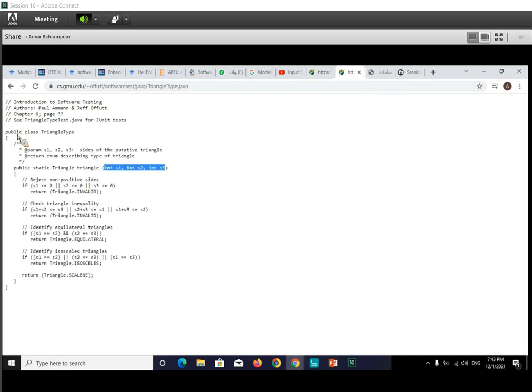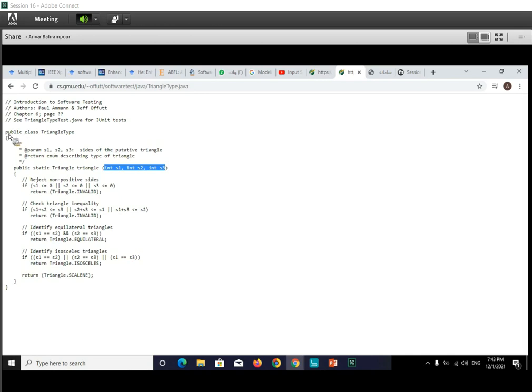So suppose we have a program which receives the lengths of the three sides of a triangle and tells us the type of the triangle.